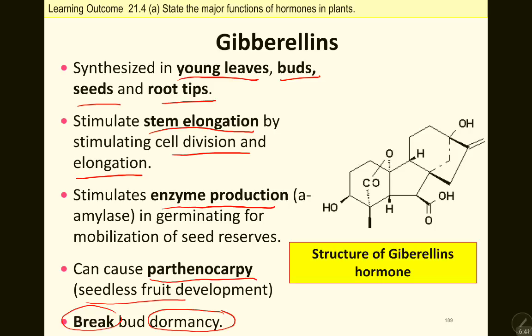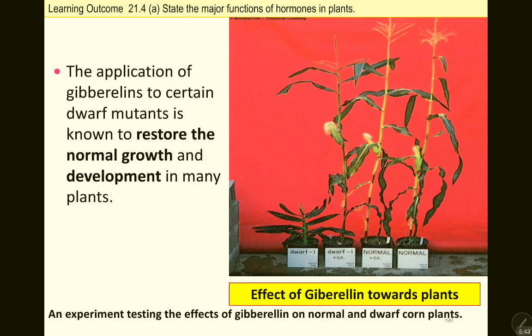Faham? Okay. So the application of gibberellin to certain dwarf mutants is known to restore the normal growth and development in many plants. Like what you can see in the diagram here, this is the dwarf plant. Pendek.